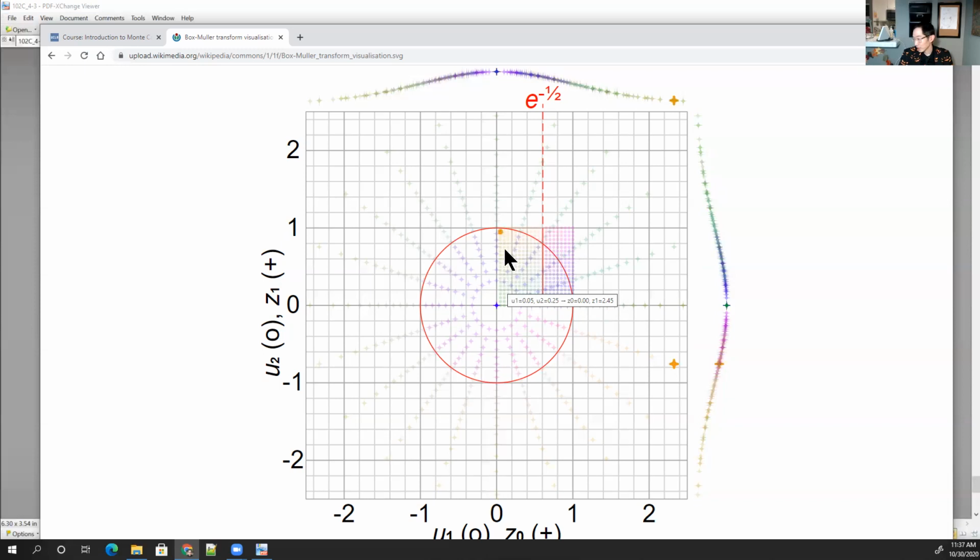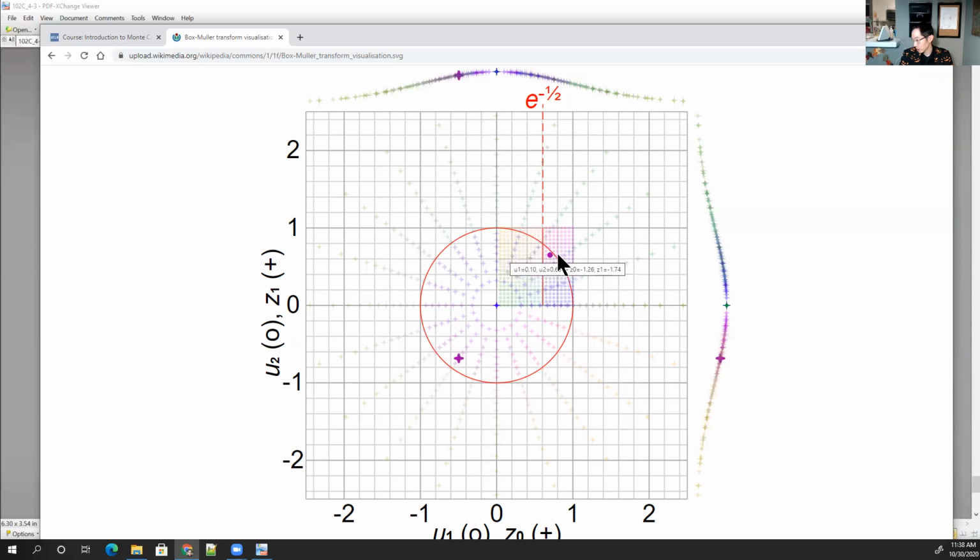On the other hand, if I keep my u constant, u gets turned into the theta angle. So if I keep my theta constant, we can see we're moving down one of these spokes here. And if there's a jump, it's only because I can't keep my hand steady. But as I move along here, we're changing v, which corresponds to the radius.